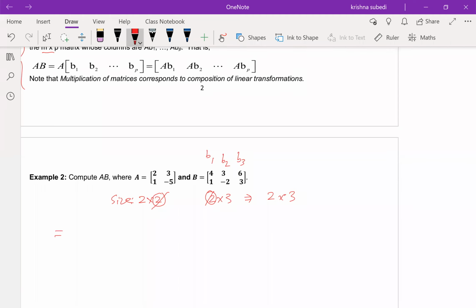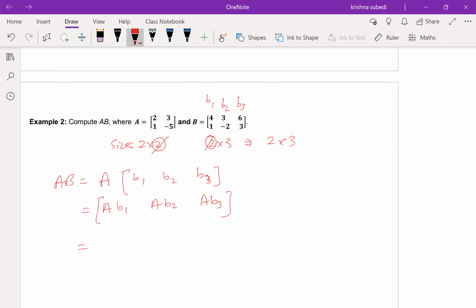So B is B1, B2, B3, written by columns, and then AB is AB1, AB2, AB3. So that will be the result.